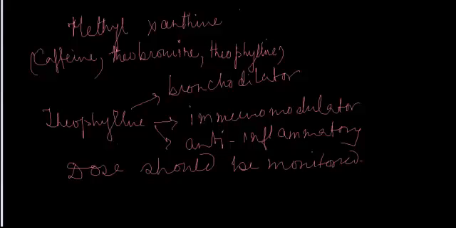But it has a problem. The therapeutic window is quite small. So the dose of theophylline should be monitored. And sometimes theophylline is given at a low dose. At lower concentration, the bronchodilator effect is rather big, but the other two effects, immunomodulator and anti-inflammatory action, are there.